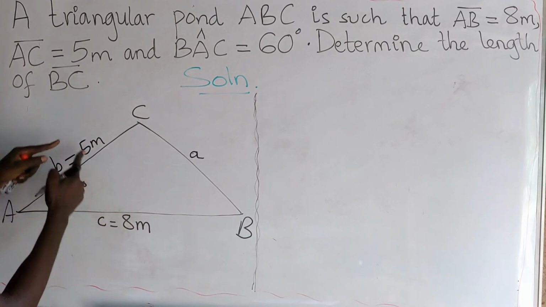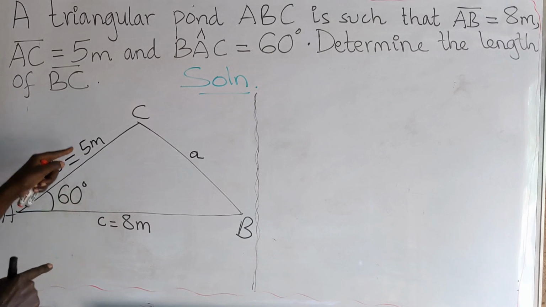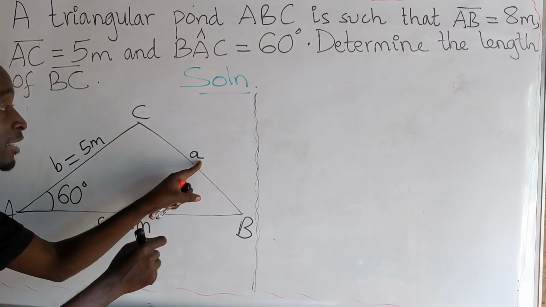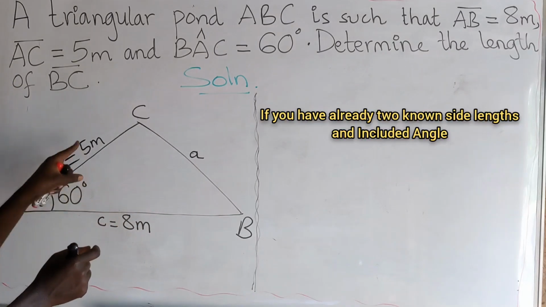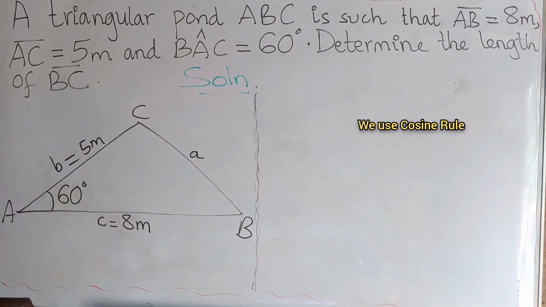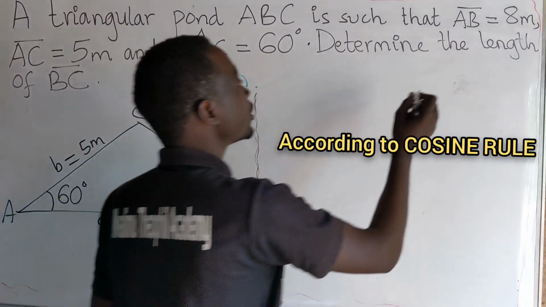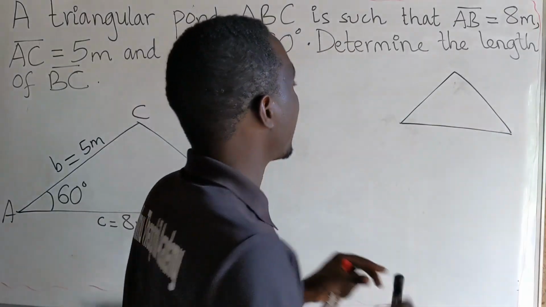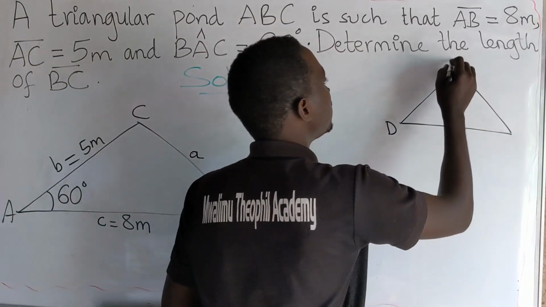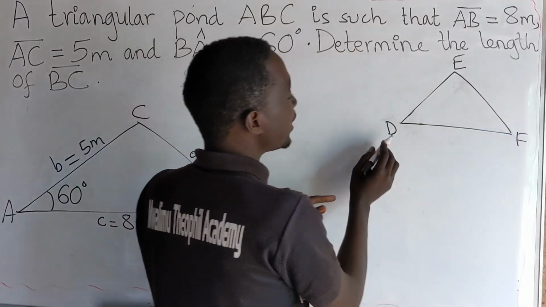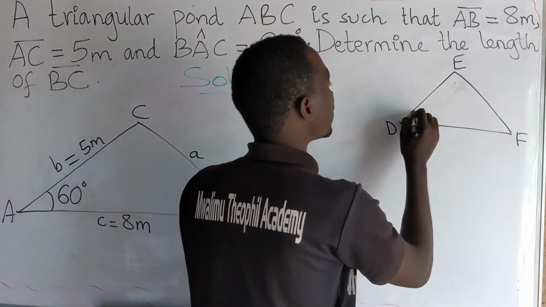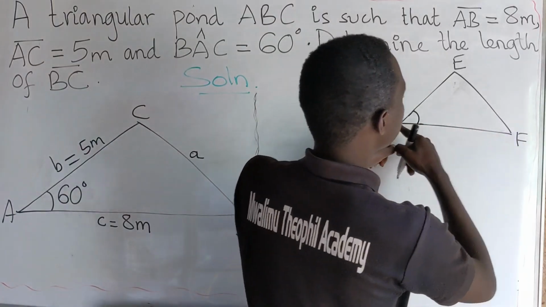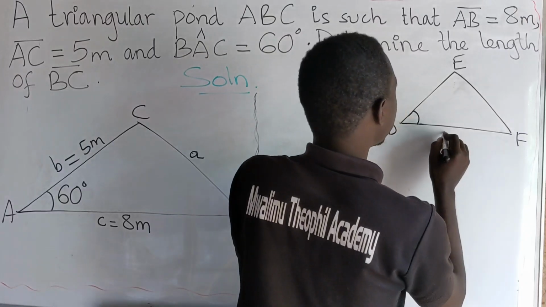Here we have two known side lengths and the included angle, and we are asked to find the third side length. If you have two known side lengths and the included angle, we use the cosine rule. According to the cosine rule, just assume we have this triangle with angles D, E, F. Let's take D as the known, included angle, where side length DF is known, and as this DF is opposite to angle E, it will be taken as small letter e.